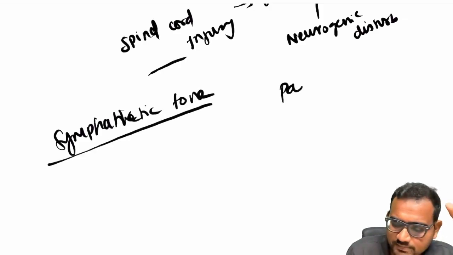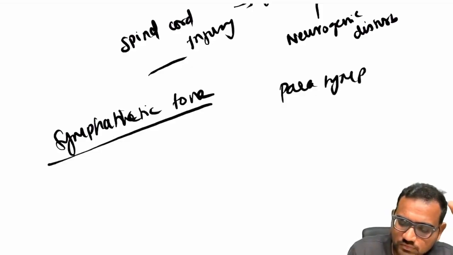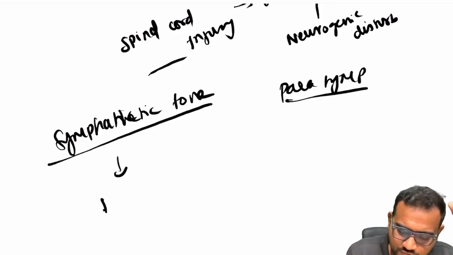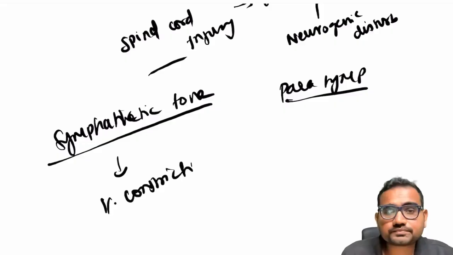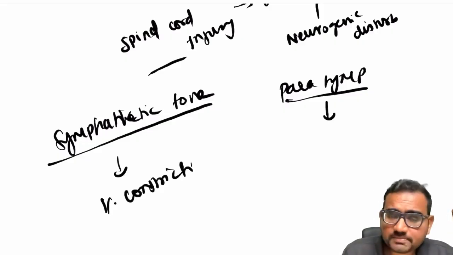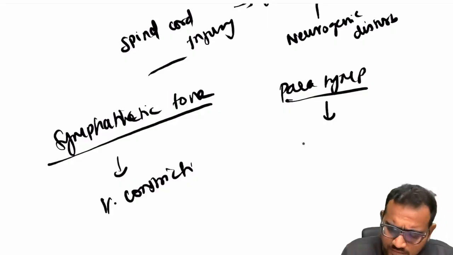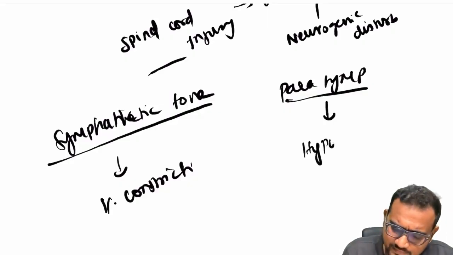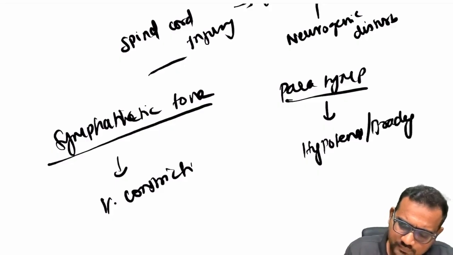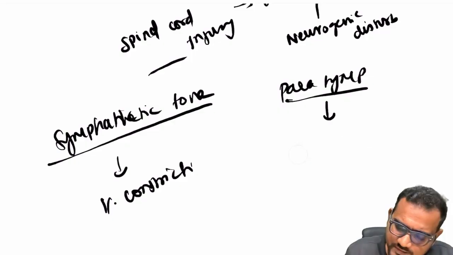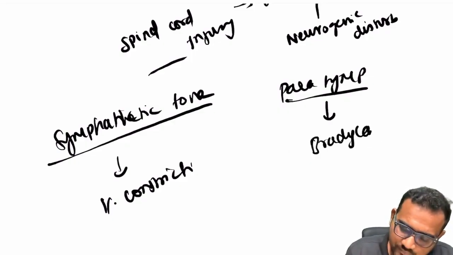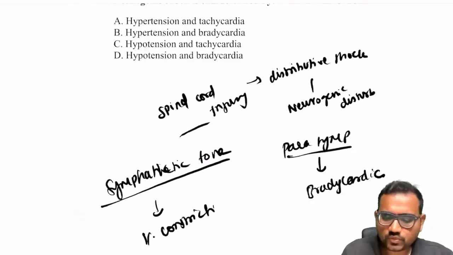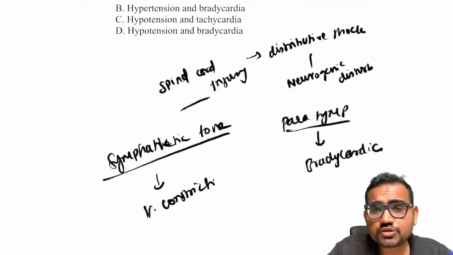Sympathetic tone, parasympathetic tone. Sympathetic tone is mainly responsible for vasoconstriction. Parasympathetic is responsible for bradycardia, to be specific. So what happens when I'm having neurogenic shock?